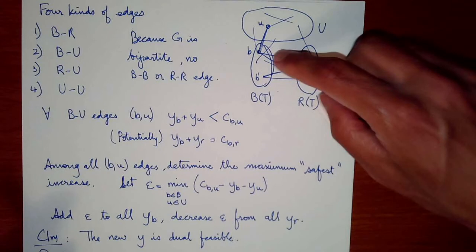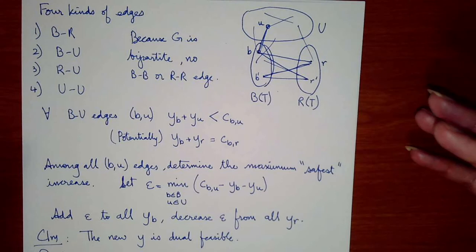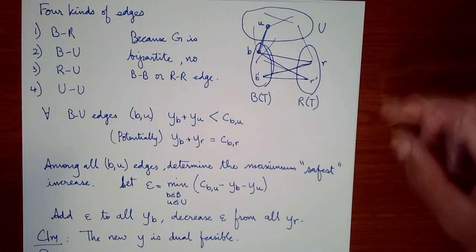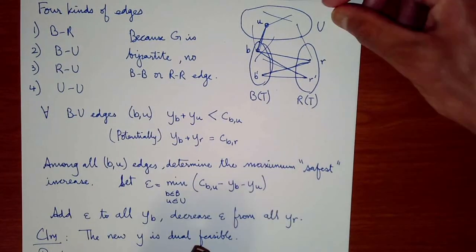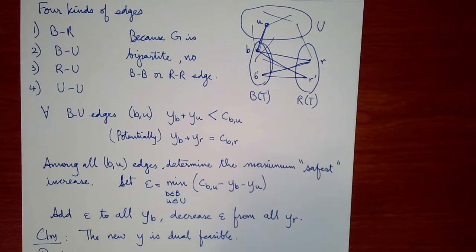But you're right that we now have an equality edge from where we can extend the tree, which is more important. All equality edges between B and R remain the same. There may be equality edges from R to U which are not equality edges anymore, but we never extend from there anyway. But you're absolutely right that we now gain an equality edge which we can extend by.